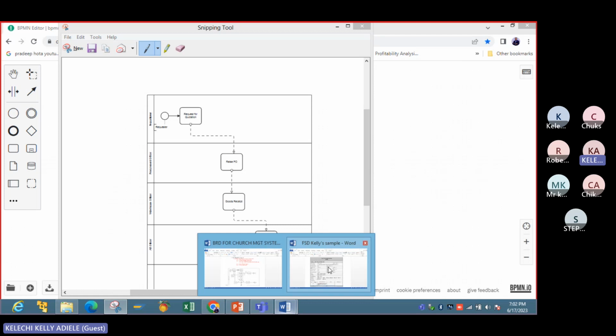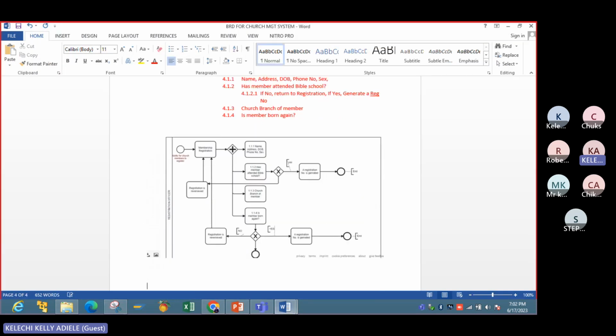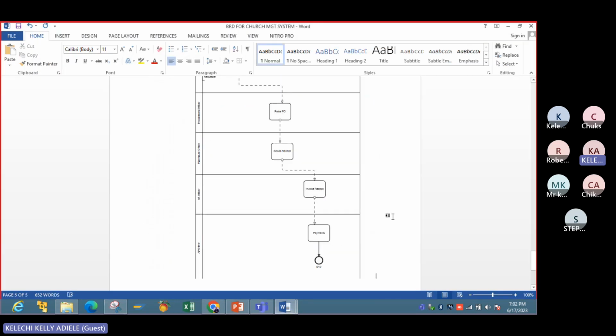So in case you want to put responsibility, a pool, you can also do that. So I've saved it.